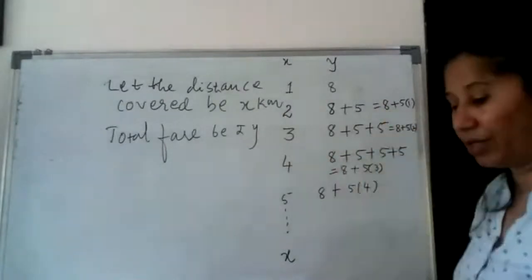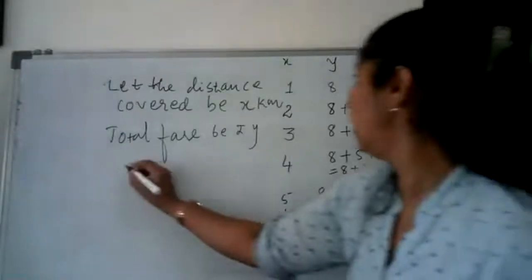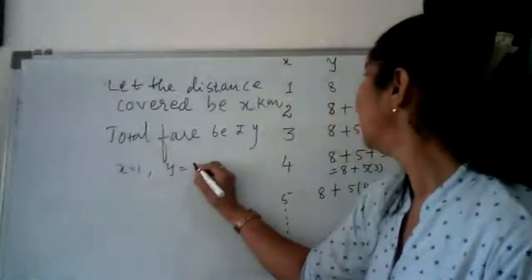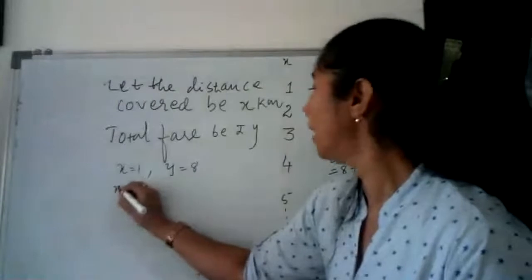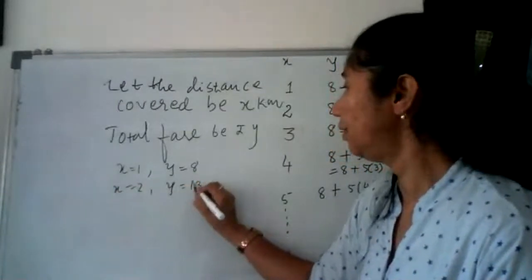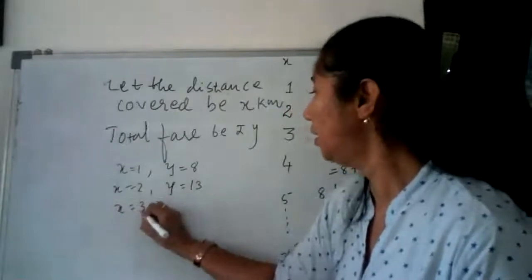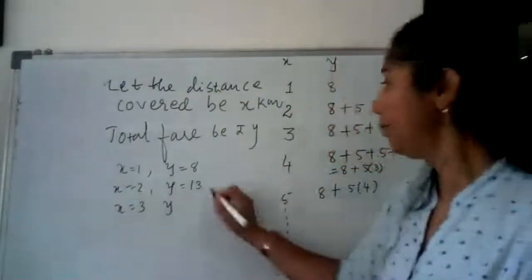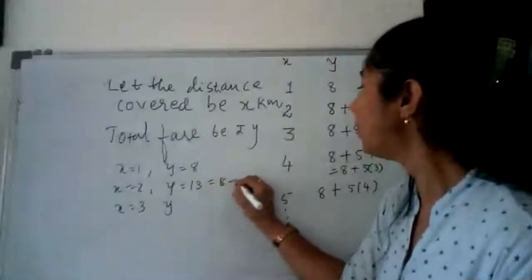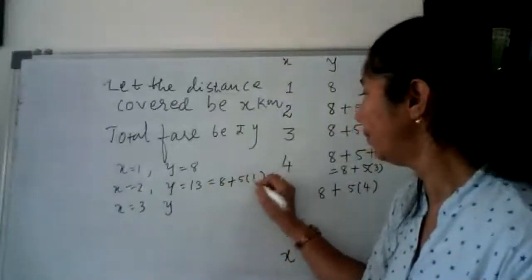Okay, I'll just write horizontally also so you could understand it. When x is 1, y is 8. When x is 2, y is 13. When x is 3, y is, अब 13 को I wrote something like this, 8 plus 5 into 2.